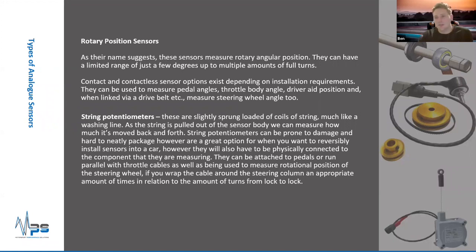So these can be a great way of monitoring your steering angle and how the driver uses the steering wheel. The top right is an example which I've used, where you use a small drive belt which connects your steering column to the sensor, and it follows your steering inputs.